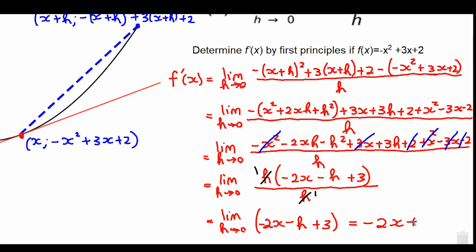And that's our final answer. So this expression here, minus 2x plus 3, gives us the gradient of f at any value of x. So we can find the gradient at any value of x by just choosing a value of x and calculating the gradient.